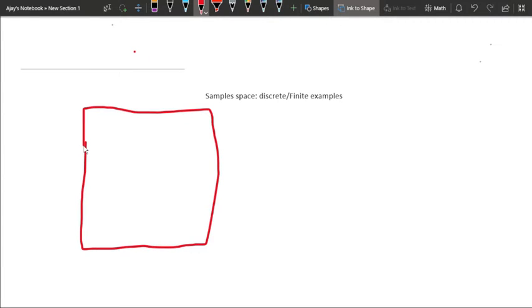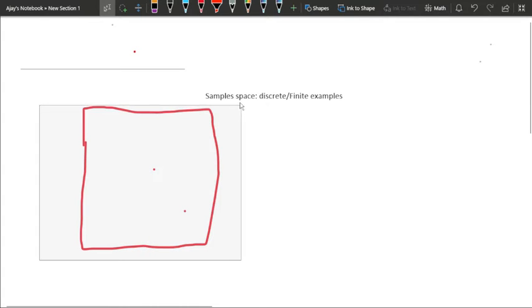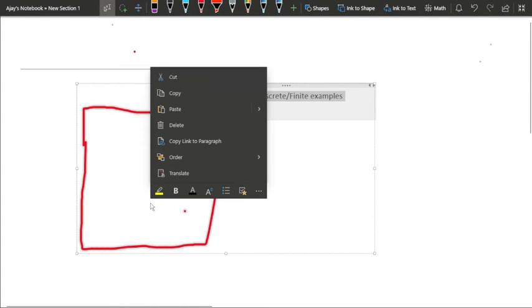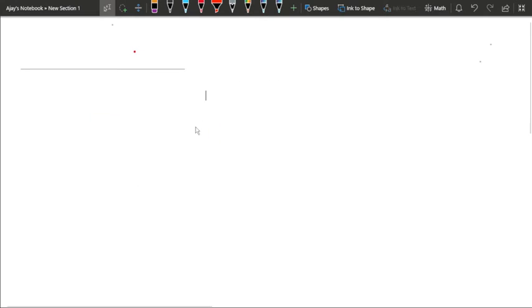Here I am creating a diagram. Sorry, it's my mistake.